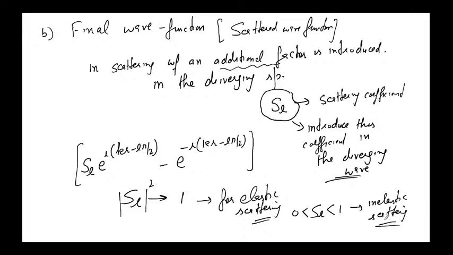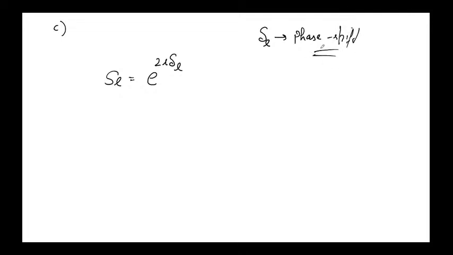Next, a third factor will also get introduced, because the converging and diverging waves are no longer the same waves. So the factor of SL is generally represented as exponential of 2i sigma L, where sigma L is known as the phase shift, that is, after the interaction, how much the phase of the wave has changed.